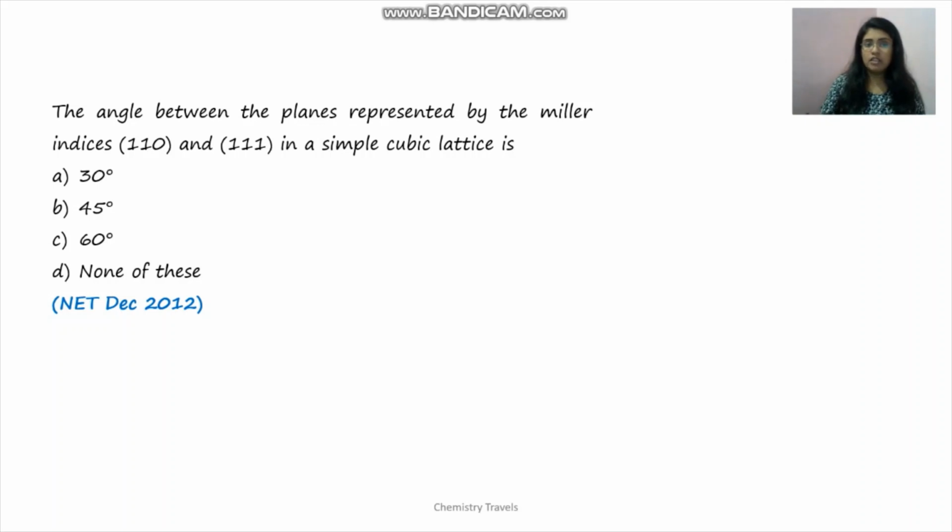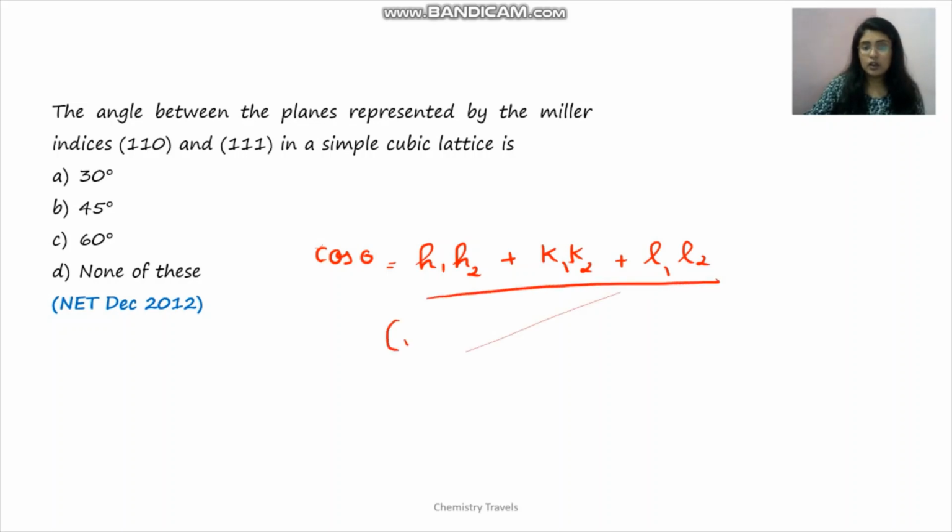Then the formula says that cos theta is given by H1 H2 plus K1 K2 plus L1 L2, divided by the square root of H1 square plus K1 square plus L1 square, into the square root of the next plane, H2 square plus K2 square plus L2 square.